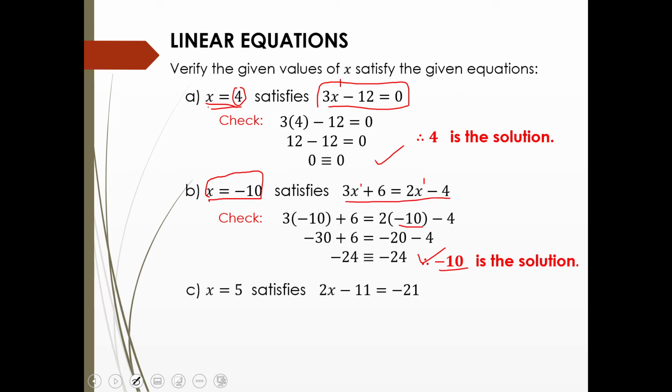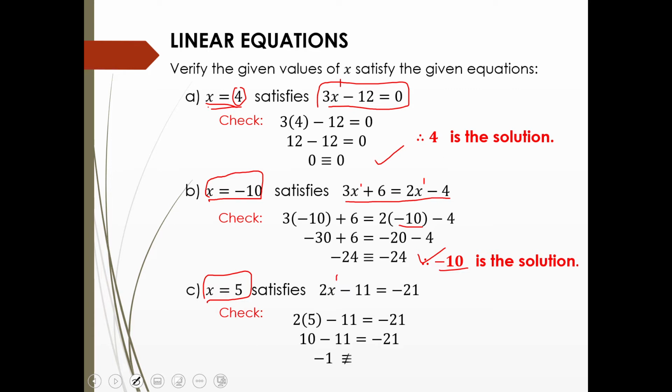Let's have another one. Our given linear equation is 2x minus 11 equals minus 21. The power of x is 1, so again, this is also linear. We need to verify that x is 5. So let's substitute the value of our x. So 2 times 5 minus 11 equals minus 21. 10 minus 11 is equal to minus 21?